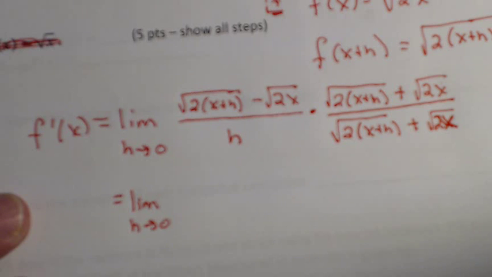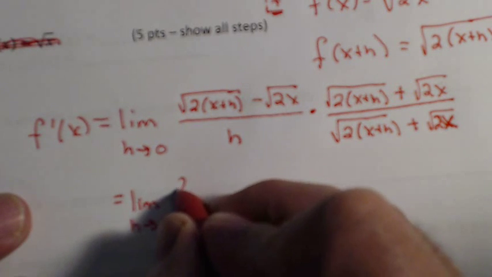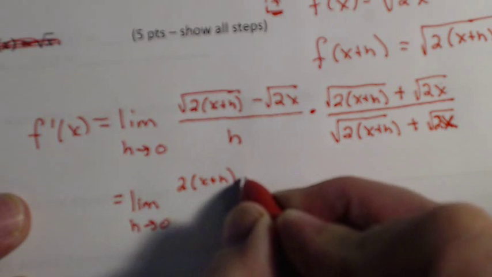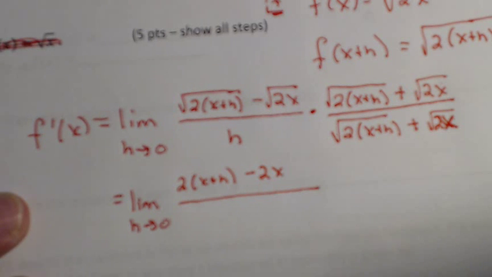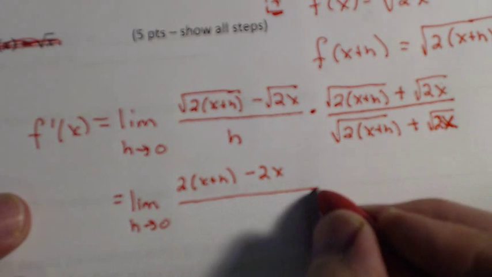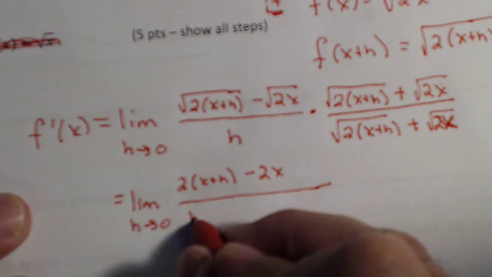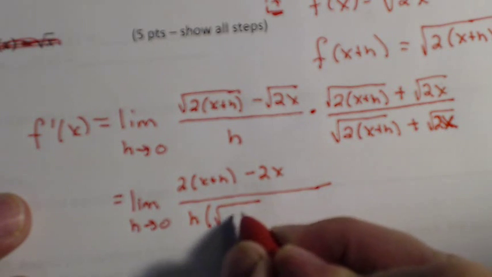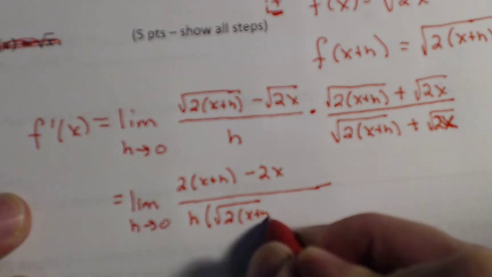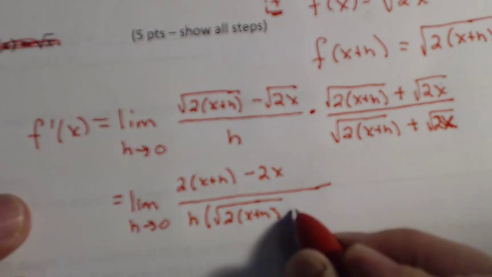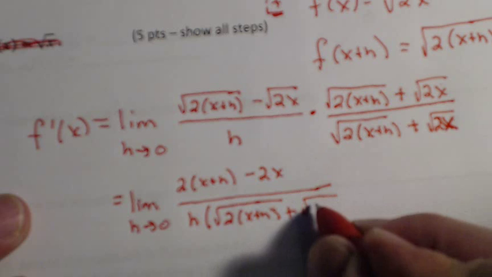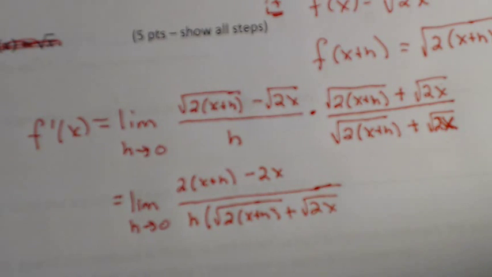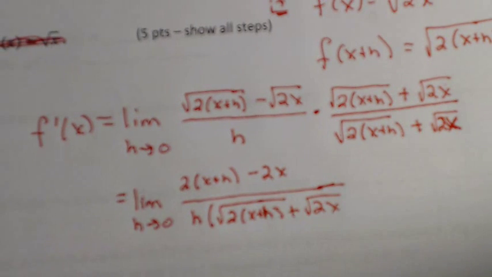Well, when you square a square root, the roots go away. So this is 2 times the quantity x plus h minus 2x divided by, in the denominator, don't try to combine things because it just makes your life harder. This is going to be h times the quantity, the square root of 2 times x plus h, plus the square root of 2x. And all I've done is indicate that I'm going to be multiplying that times that.